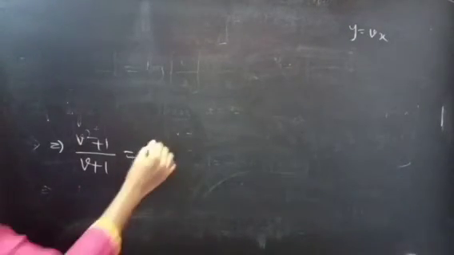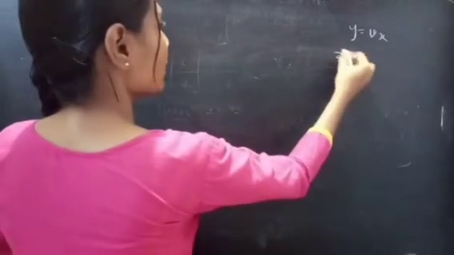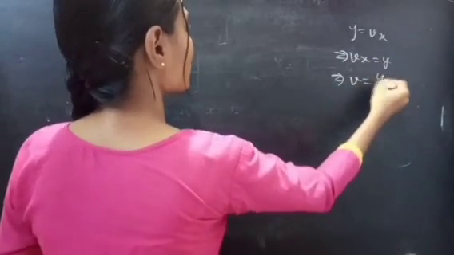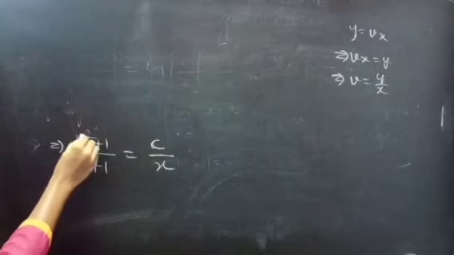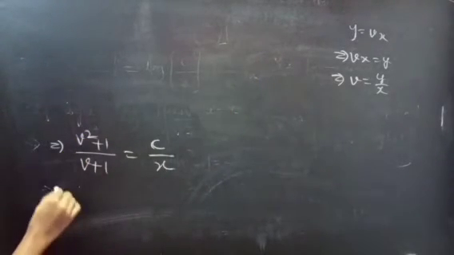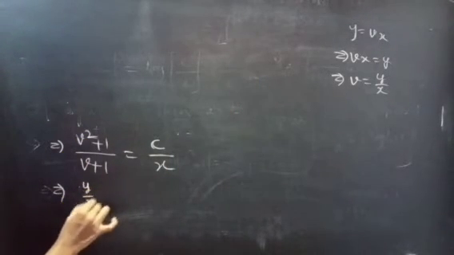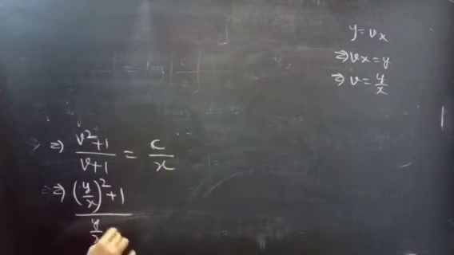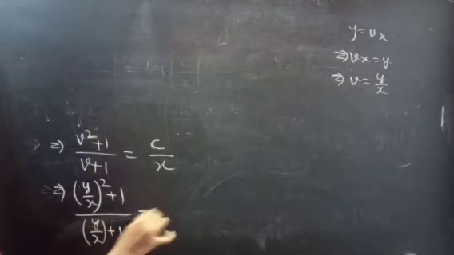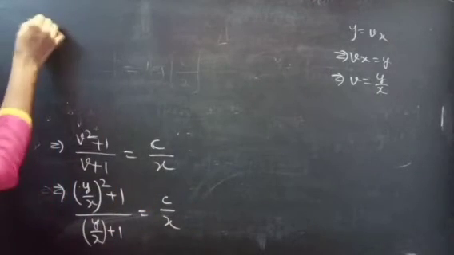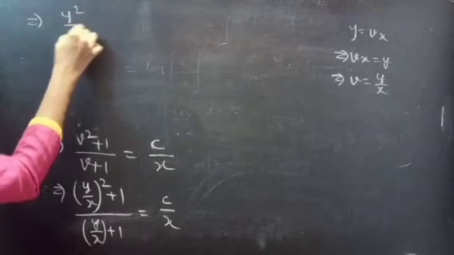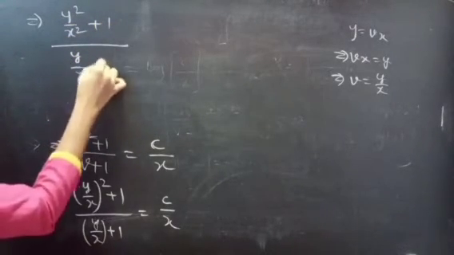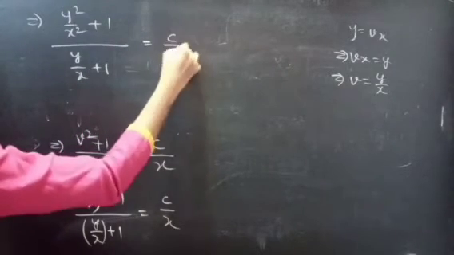Since y equals vx, you can write it as vx equals y. From this we get v equals y by x. Now let's replace v by y by x. Then y by x whole square plus 1 by y by x plus 1 equals c by x. This becomes y square by x square plus 1 by y by x plus 1 equals c by x.